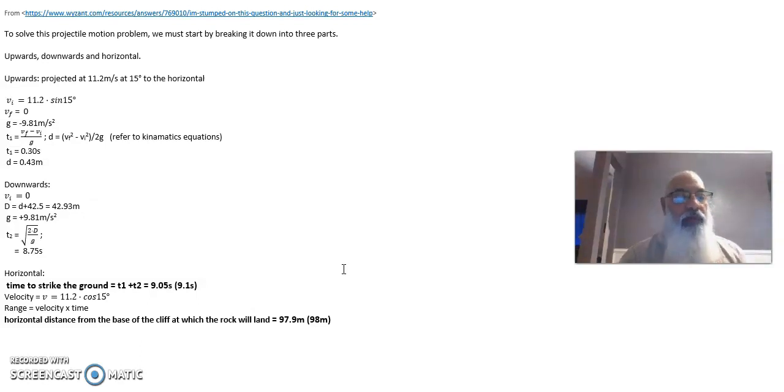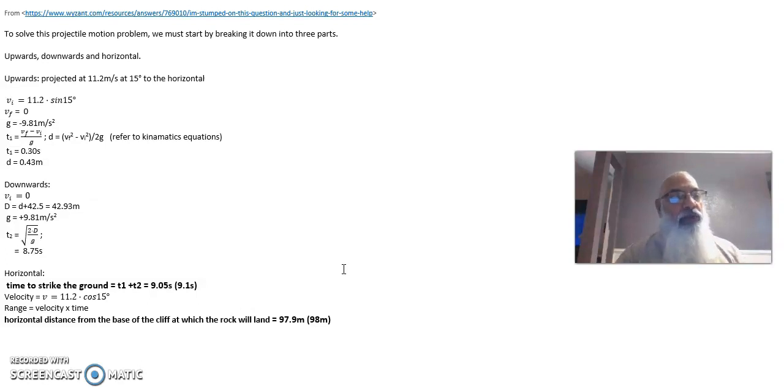And the velocity in the horizontal direction will be 11.2 meters per second times cosine of 15 degrees. If you need further explanation of that aspect, you can get in touch with me, because that's more about vectors, not so much about projectile motion.